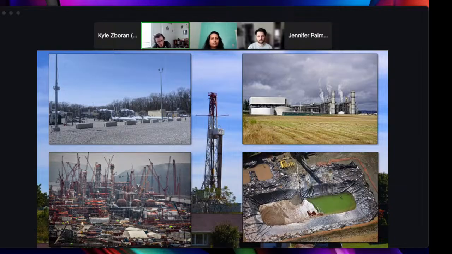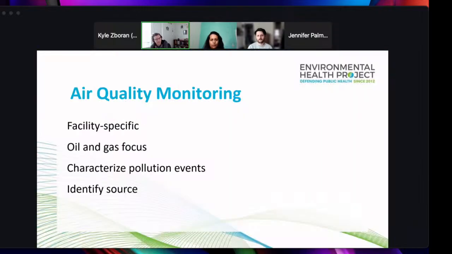So we work around a lot of these different kinds of facilities with Protect PT. We currently have monitoring projects around injection wells and the Westmoreland sanitary landfill, as well as some other local polluters. But we're not just focused on the fracking. We're focused on all different aspects of the shale gas life cycle.